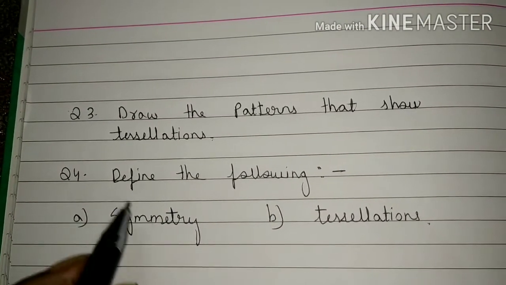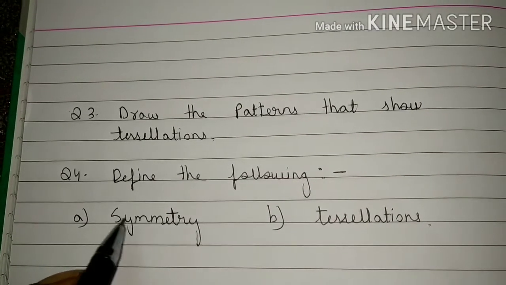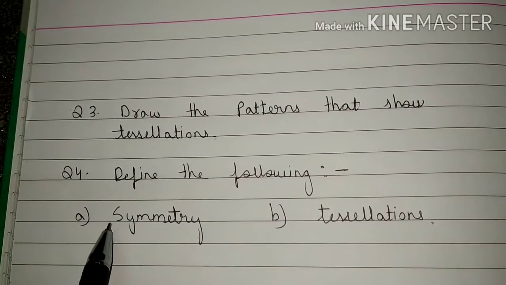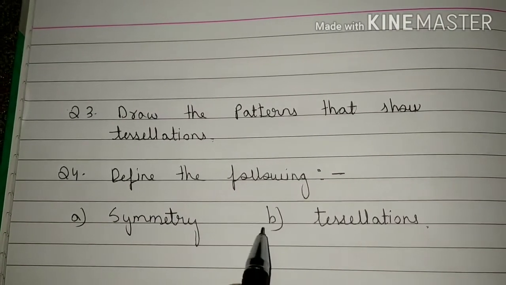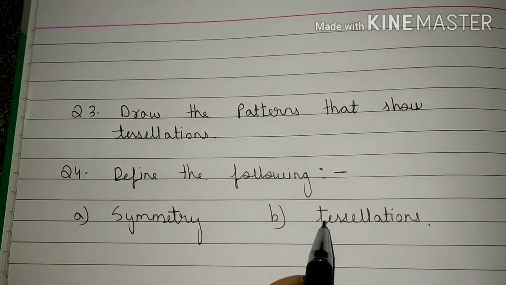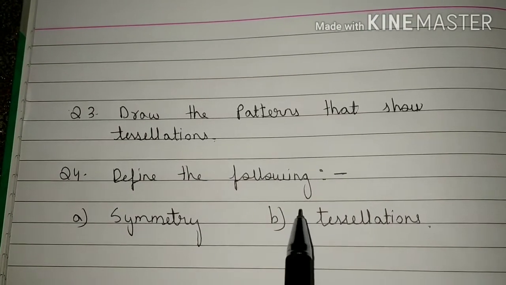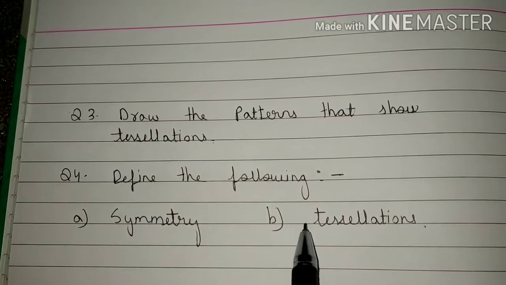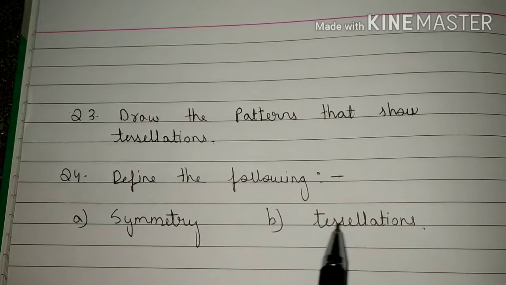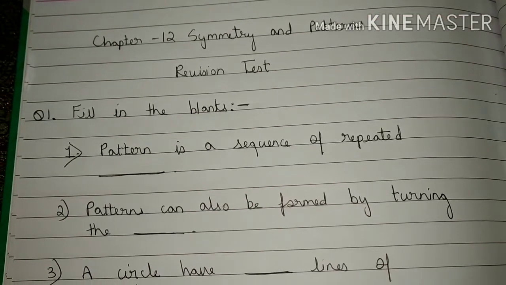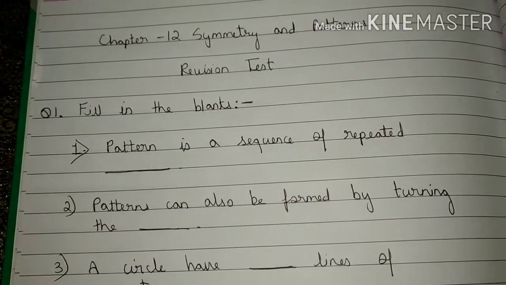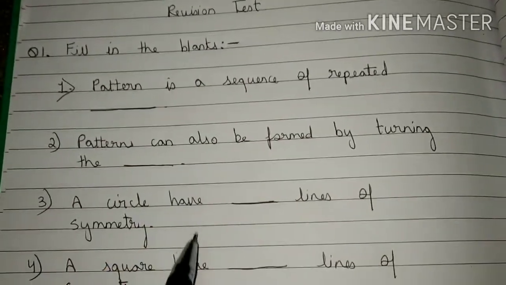Part A, symmetry. Students, you have to write the definition of symmetry. Part B, tessellations. Students, you have to write the definition of tessellation. So students, this is your revision test paper.